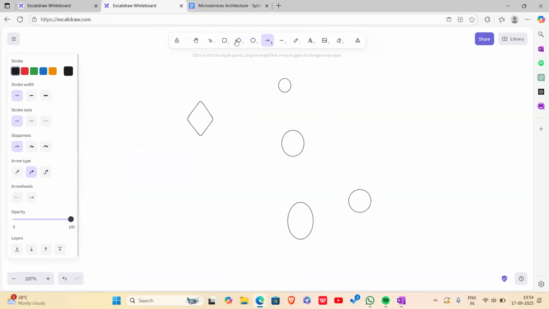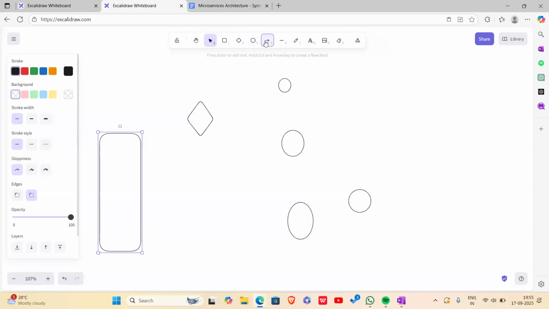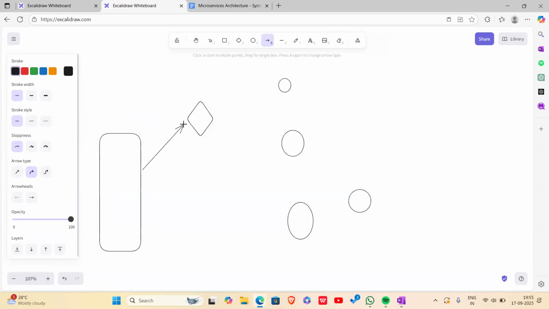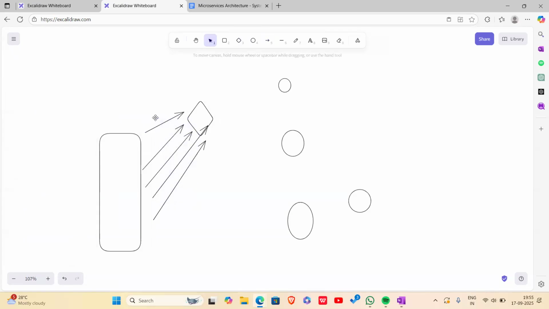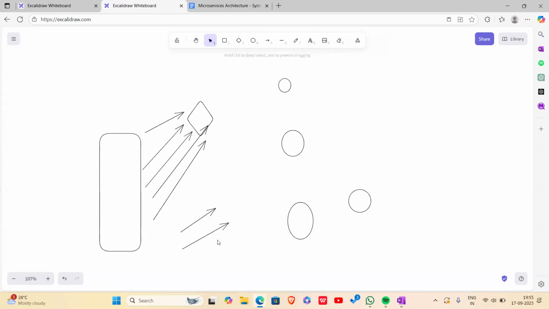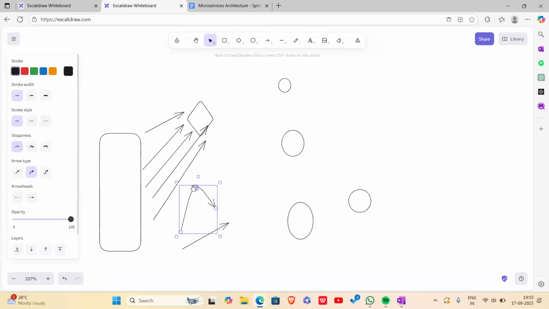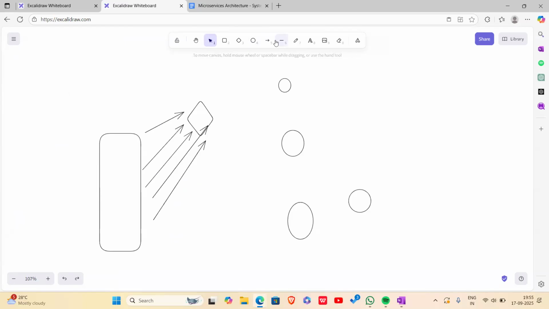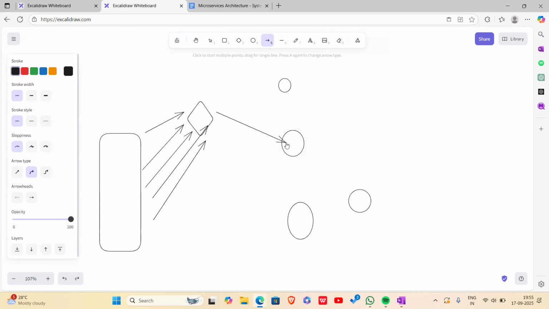From the client side, the services start. There is so much load.